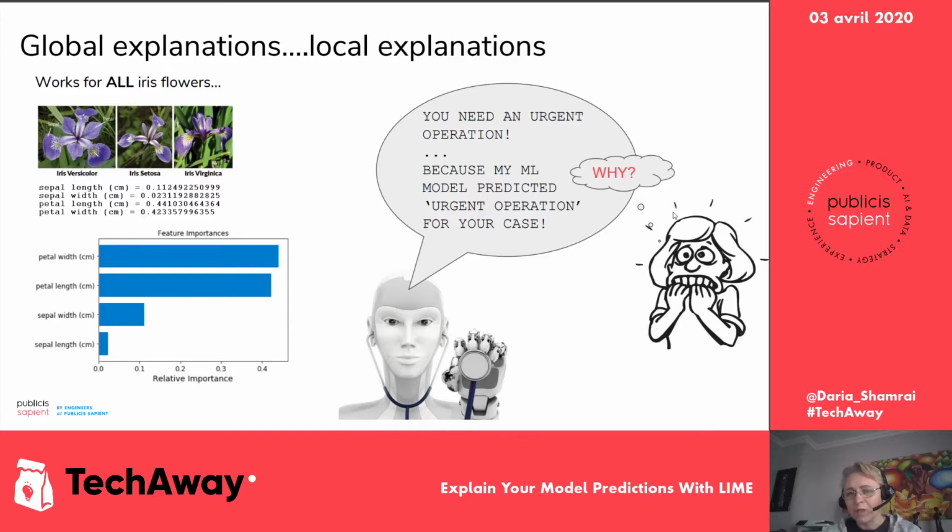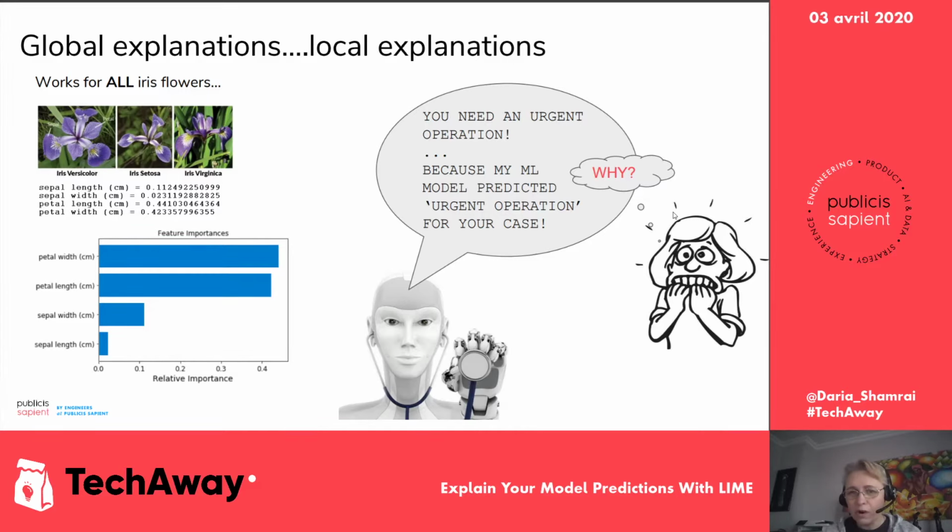Why do we care for our explanations to be local? Imagine we arrive in the future, we have a robot doctor, and you're a patient, and one day it comes to you and says, okay, you need an urgent operation. And you just say, why? First, why me? And why do you think it's an operation in my case?